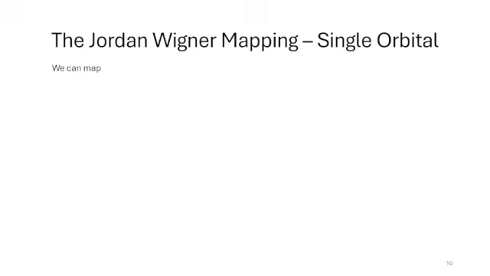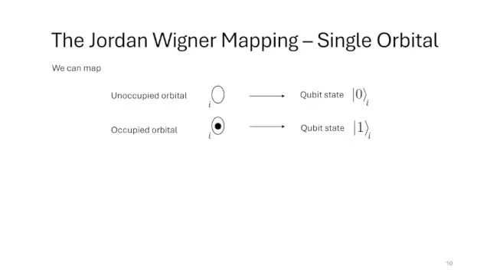The essential idea is that we can map unoccupied orbitals to qubit state 0 and occupied orbitals to qubit state 1. So each spin orbital is mapped to a qubit, and the occupation number is given by the state of the qubit in the computational basis. And this can be achieved by mapping the fermionic ladder operators very simply into a sum or difference of Paulis.